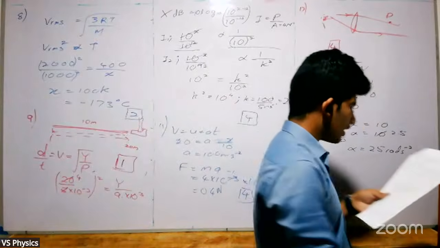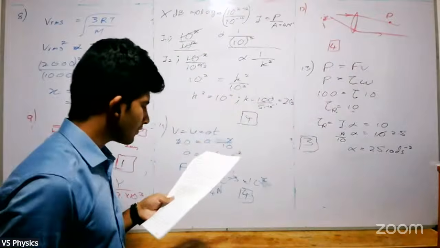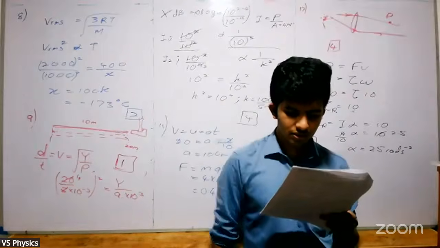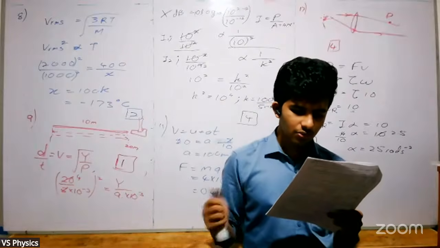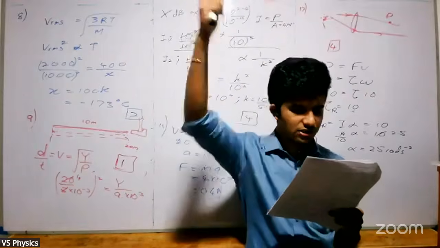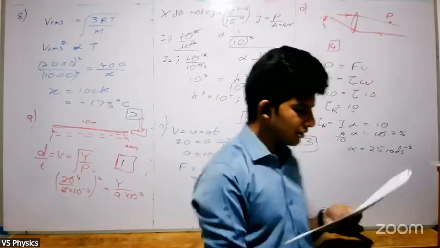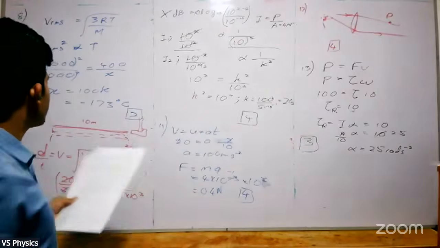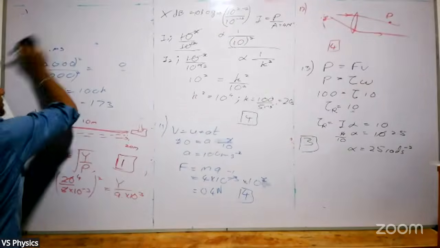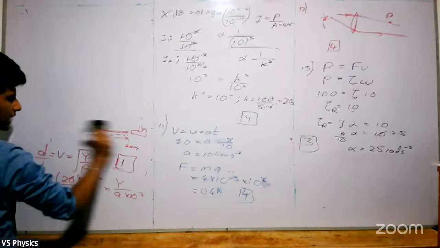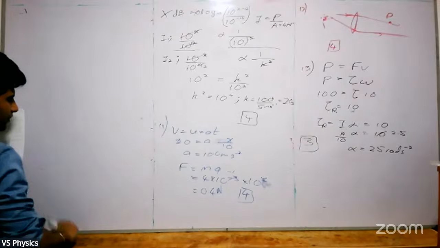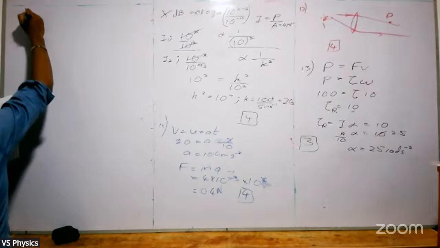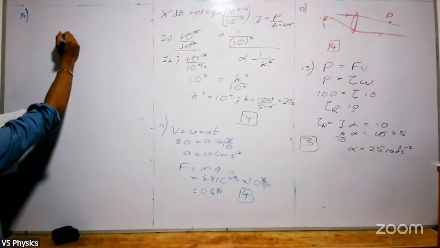Now the 14th question. If two particles are present at a point above the horizontal ground, one is thrown horizontally with a velocity of 4 m/s. This question will take a lot of space, so we'll write it on this side. It is a slightly difficult question.